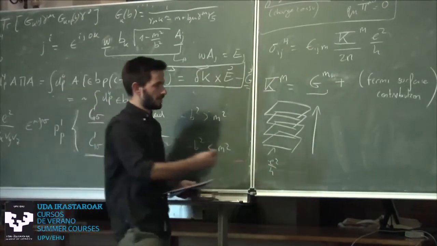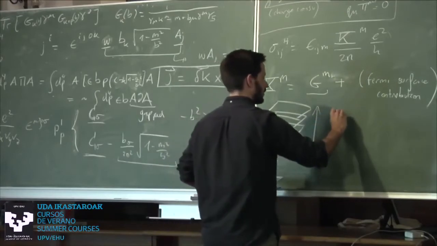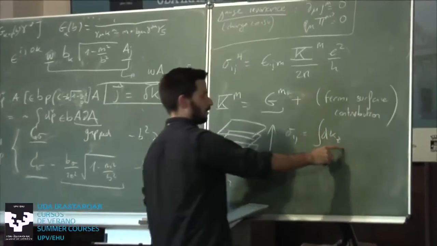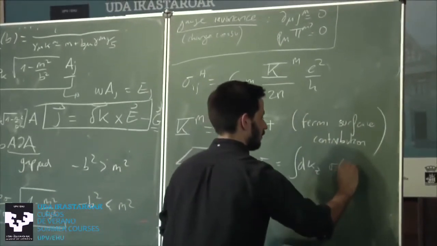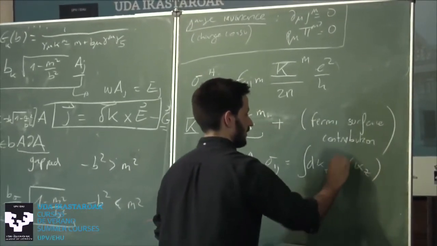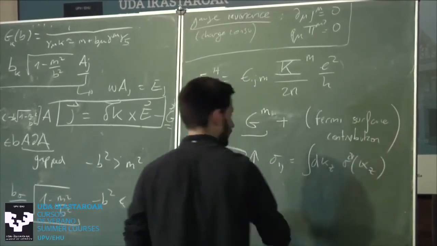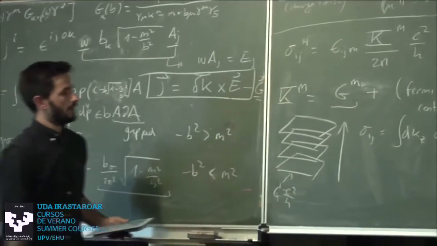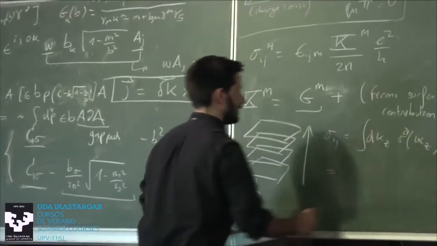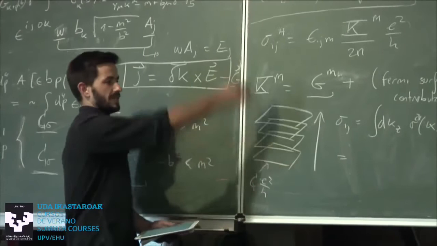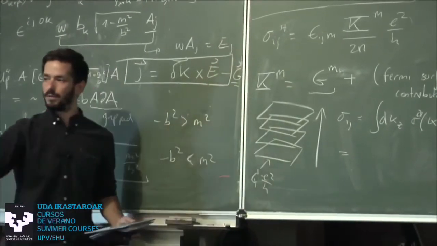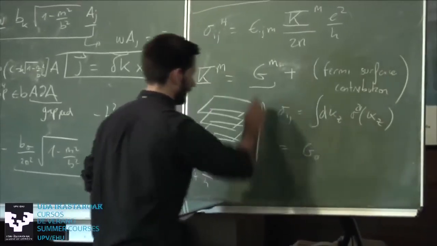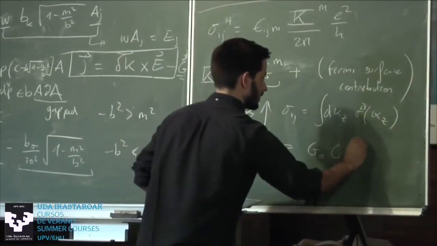In reciprocal space, the total conductivity would be an integral over Kz of this two-dimensional conductivity, e squared over h times the Chern number, which is what we learned before. Nothing here depends on Kz because these layers are completely decoupled. So the total Hall conductivity is just the stacking vector times the Chern number times e squared over h.